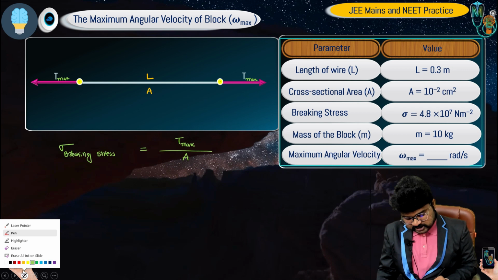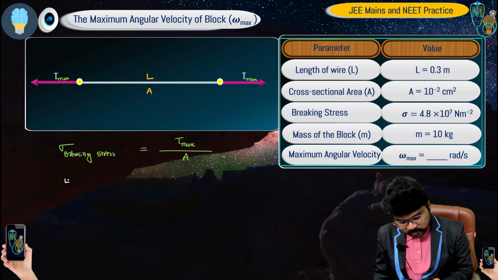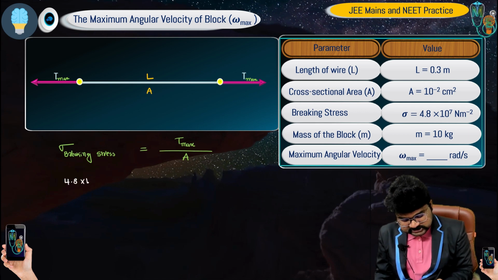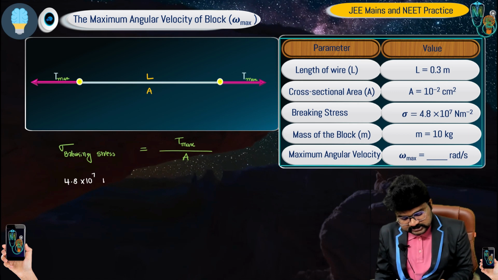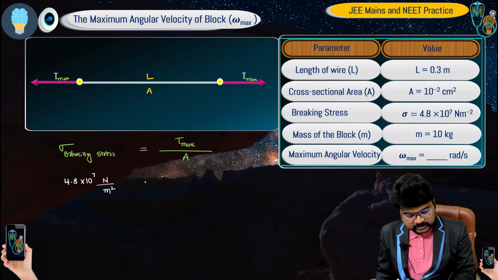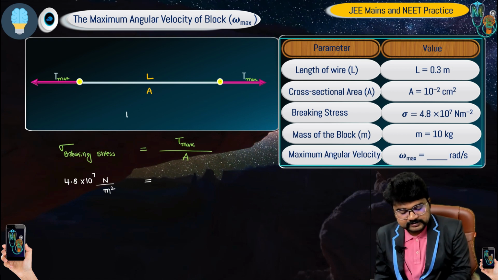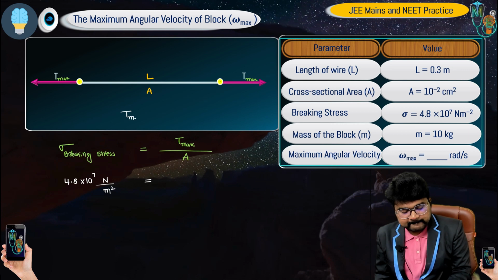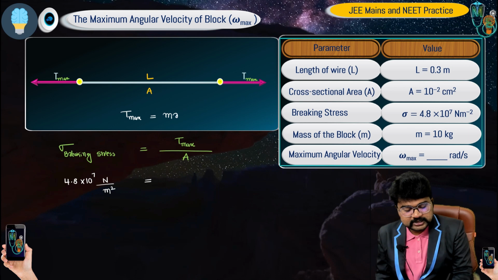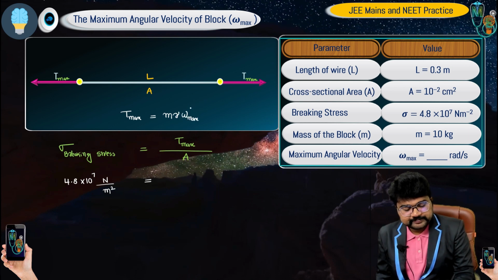So now tell me how much you will be getting. What is the breaking stress? 4.8 into 10 power 7 Newton per meter square. What is T maximum in this case? T maximum is M R omega maximum square.